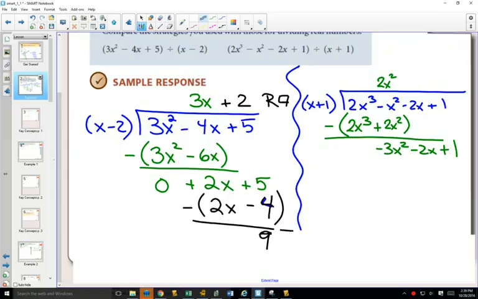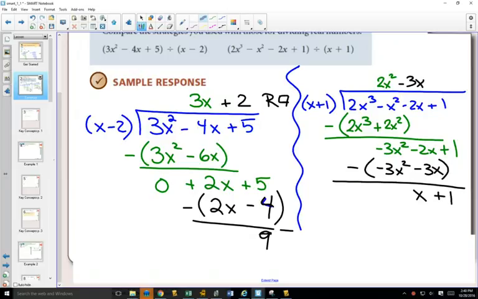Minus 3x. So I'll write that over my x column. Minus 3x times x is minus 3x squared. Minus 3x times plus 1 is minus 3x. Put brackets around it, we're going to subtract. Minus 3x squared minus minus 3x squared will be 0. Negative 2x minus a negative 3x will be plus x, and bring down the 1.